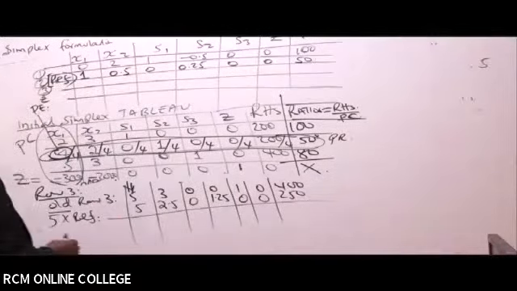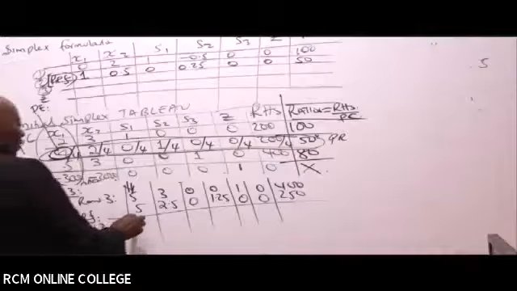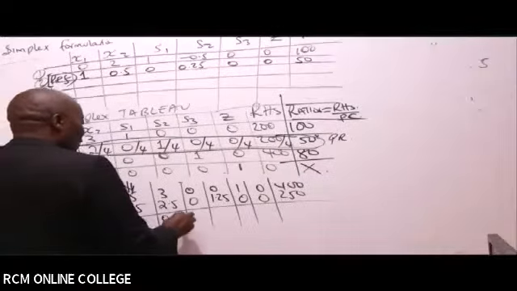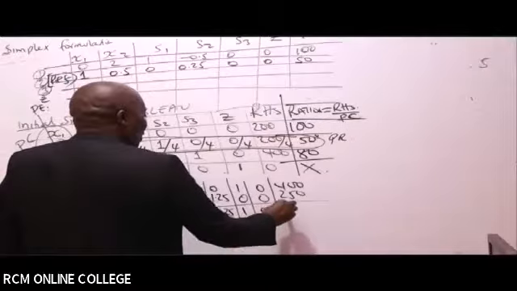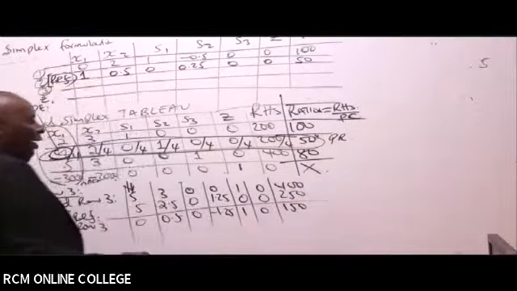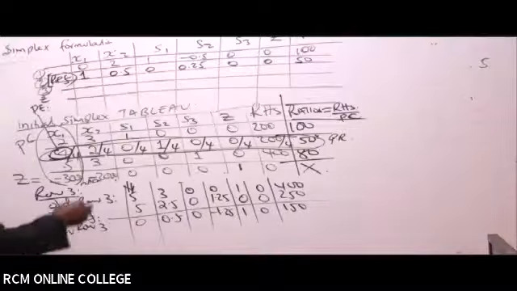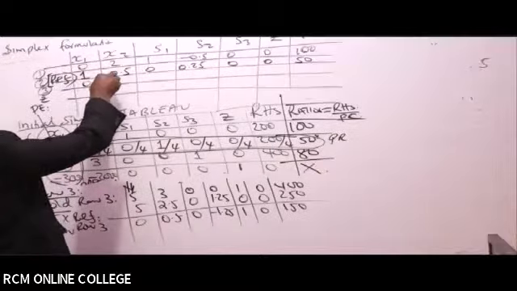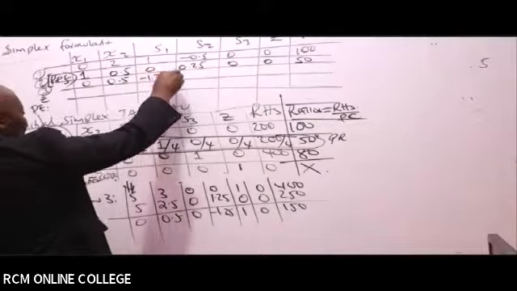So then these will give me new row 3. In new row 3, I have a 0. I have a 0.5 when I subtract a 0. I have a negative 1.25, 1, and this gives me 150. So we have here new row 3. This is 0, 0.5 minus 1.25.